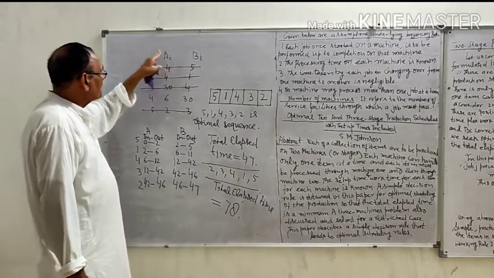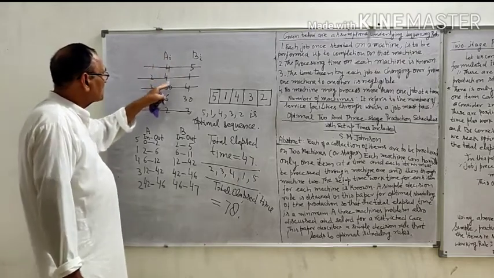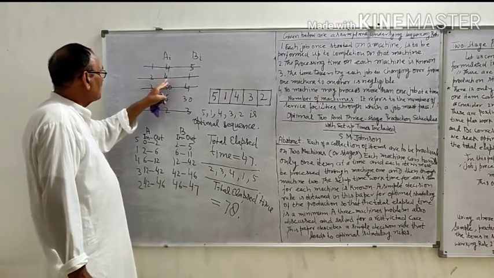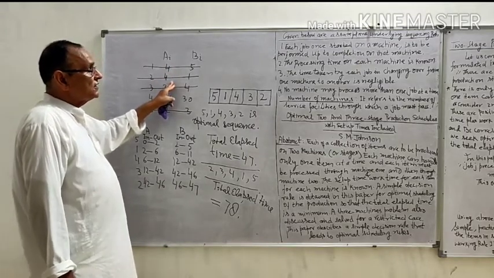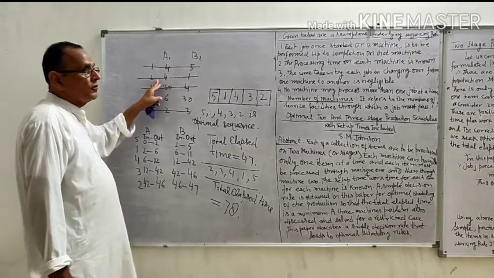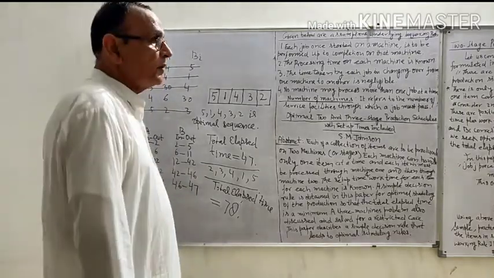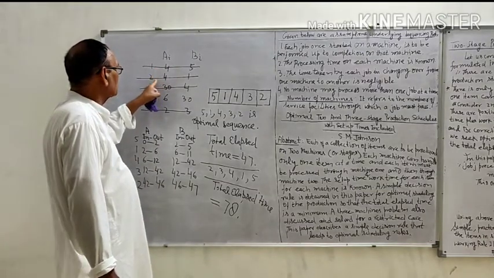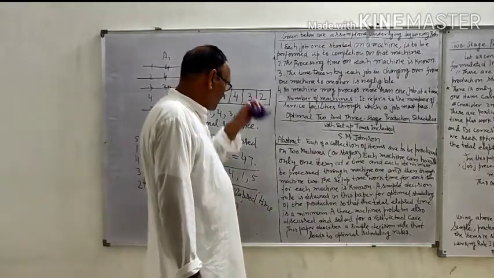This 4 is occurring for job number 1, and this 4 for job number 2, but both are for machine A. Then the question is whether we should place job number 1 first or job number 2 first. We can take our decision arbitrarily. In case of this type of tie, you can fill the first place by job number 1 or by job number 2, and so on. So this is about the Johnson procedure.